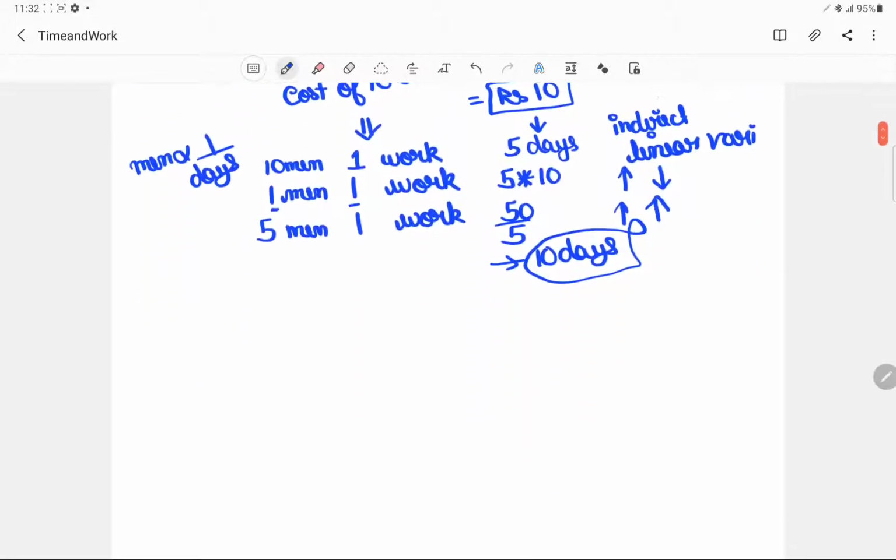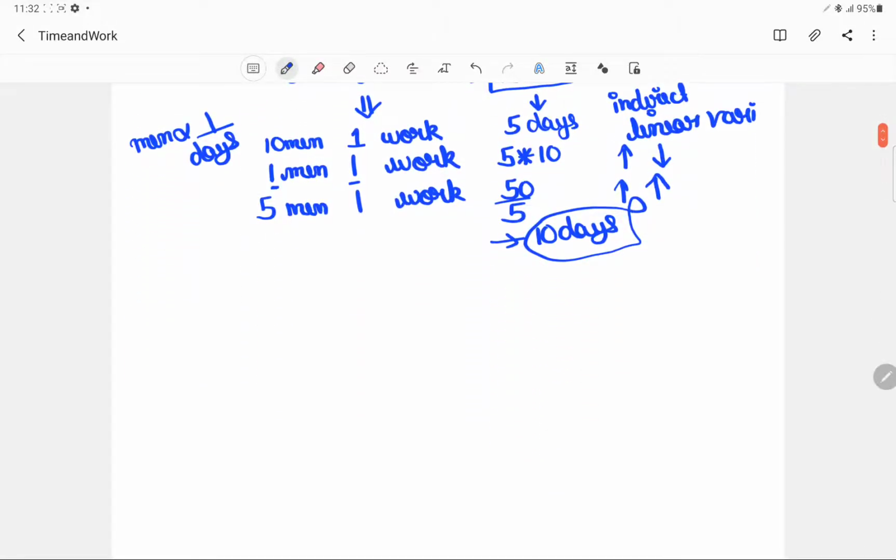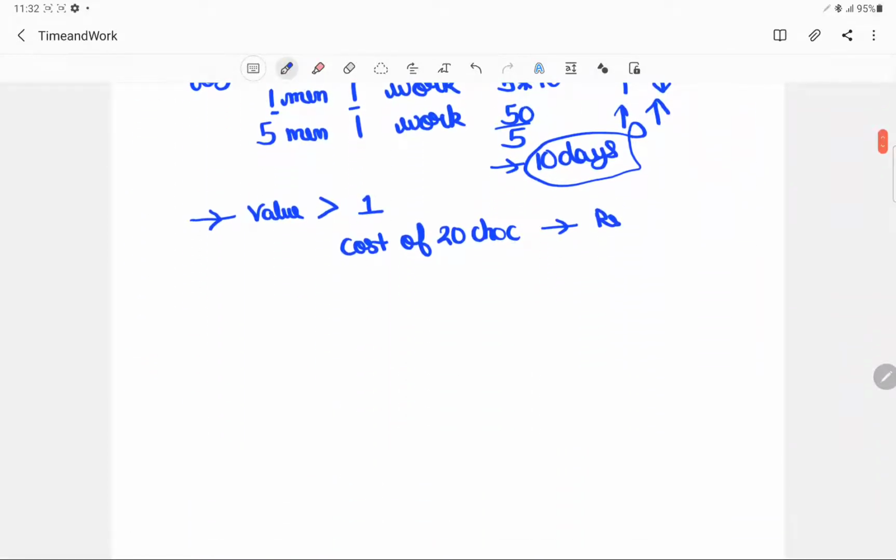So there's also one concept that people generally, okay, I'll share this concept also. If whatever you are calculating is greater than 1, for example, say you are calculating cost of 20 chocolates, which is above, it was given, rupees 20.